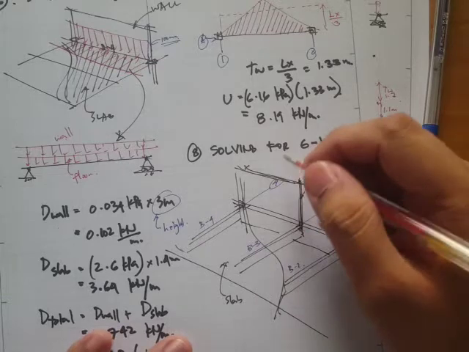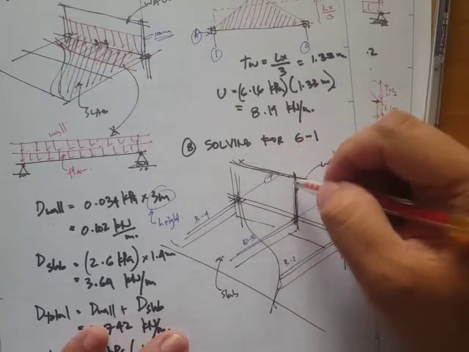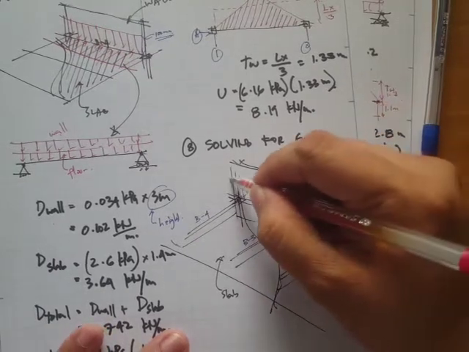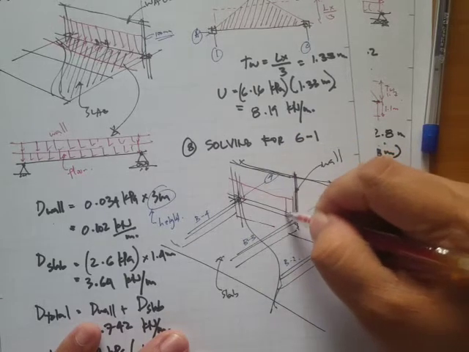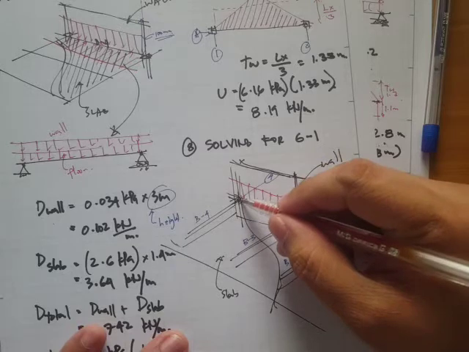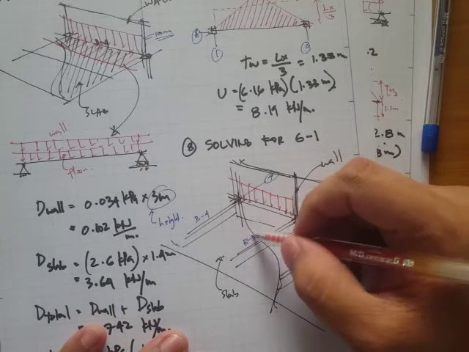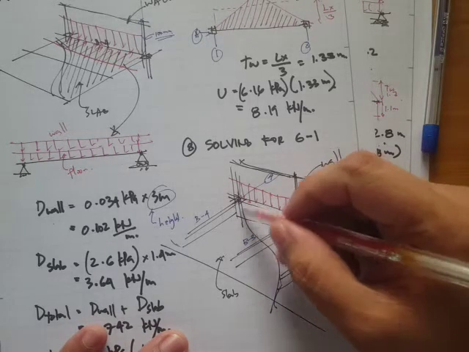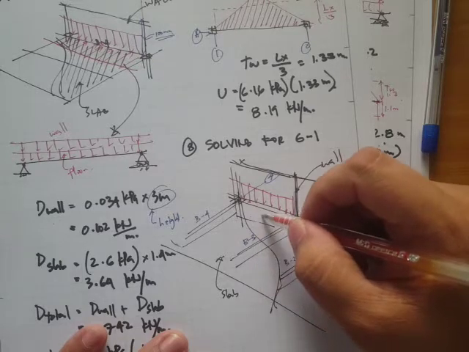Let's try to illustrate the loading. If we have a wall, meaning it's going to induce dead loads like this, right? And then since this is a slab, you notice that the slab is not contributing directly to this girder.